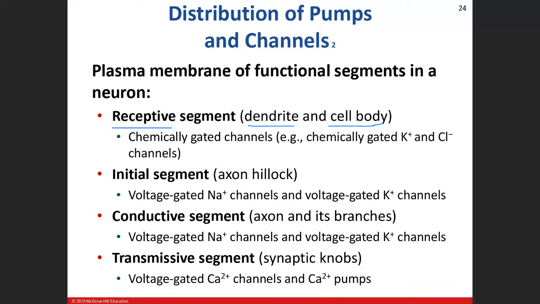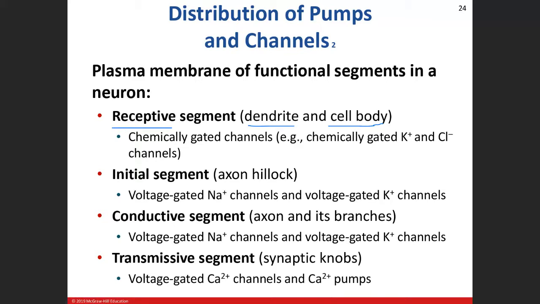The initial segment is the axon hillock. The axon hillock is where we're going to initiate the action potential. Once that's initiated, it's going to be propagated down the axon, like an electrical charge moves through the wires in the walls.